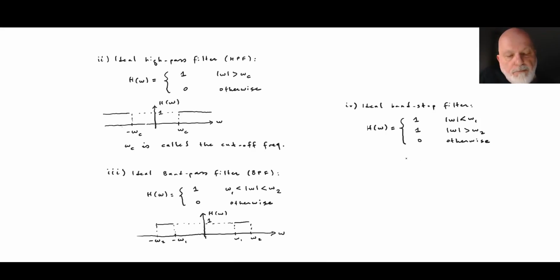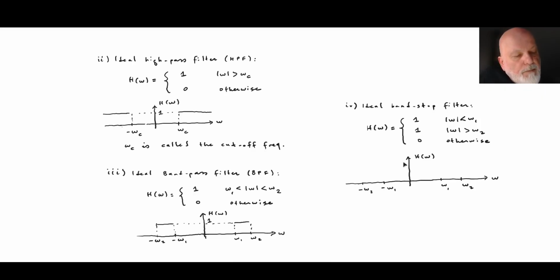Okay. So if we plot the frequency response as a function of omega, again for the ideal band stop filter, we are going to have the frequencies omega 1 and omega 2 and minus omega 1 and minus omega 2.